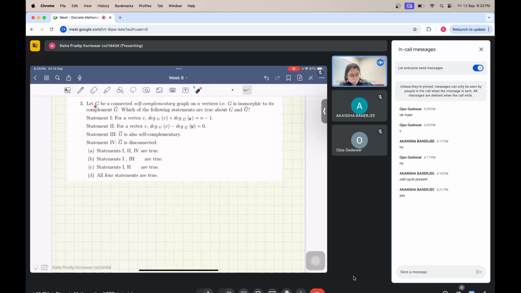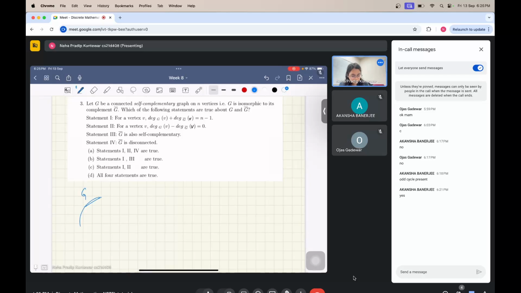So here is the next question. You say that a graph G is self complementary if it is isomorphic to its complement. What do we mean by complement?